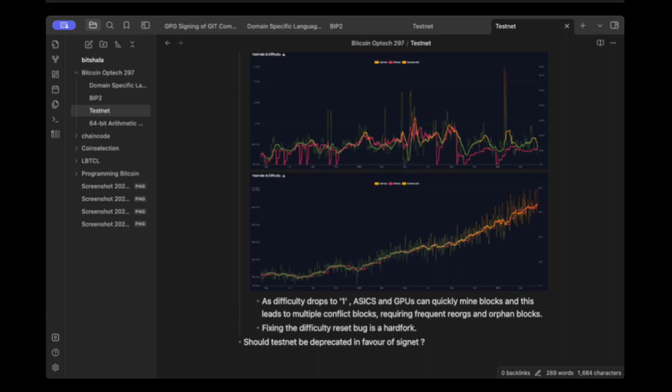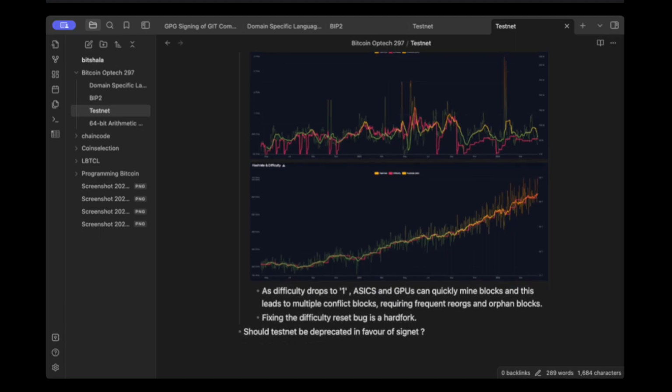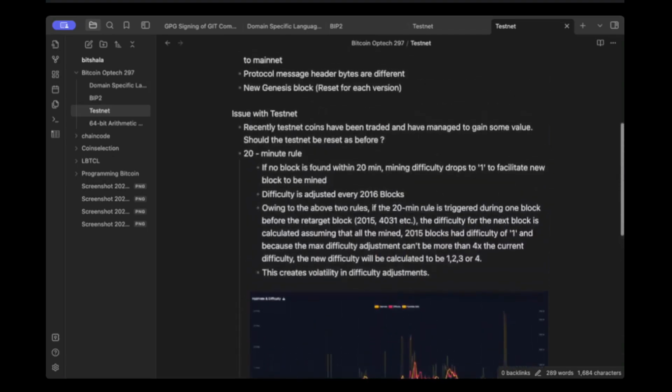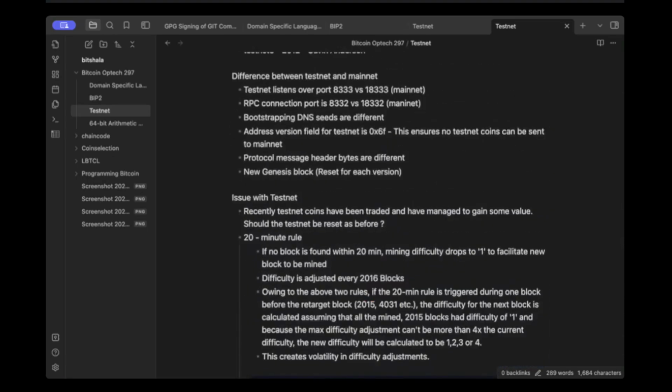Also, after the arrival of Signet, there is less interest in fixing this bug, and devs want to move to Signet and slowly stop using testnets altogether. So this news item is about fixing these two issues.